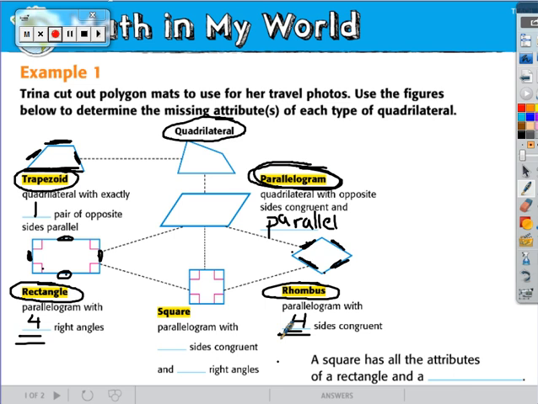This is the big daddy of all parallelograms. It is the square. Because it's a parallelogram with how many congruent sides? 4. 4 sides that are the same length. What else has 4 sides that are the same length? Rectangle. Parallelogram.